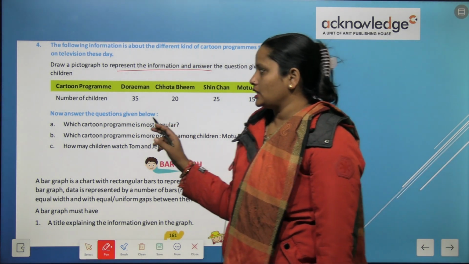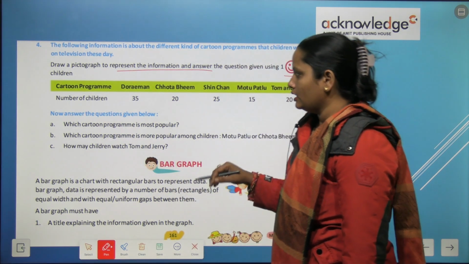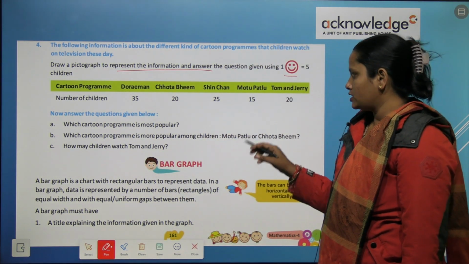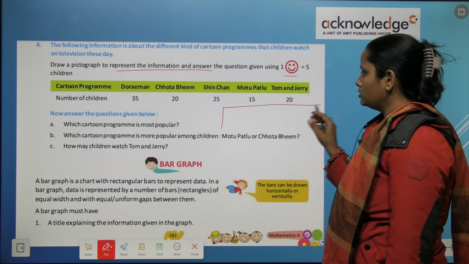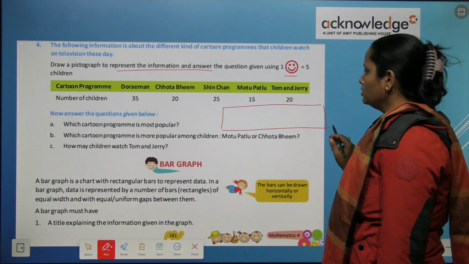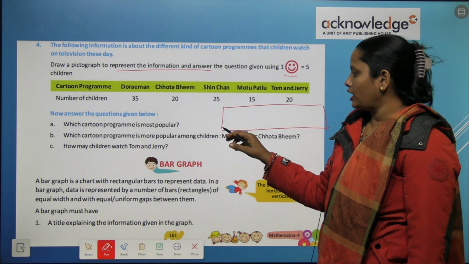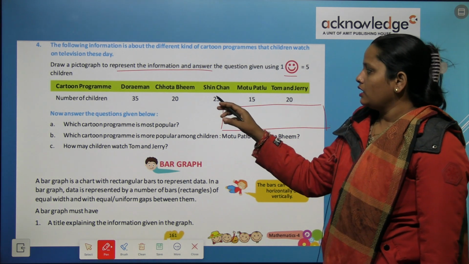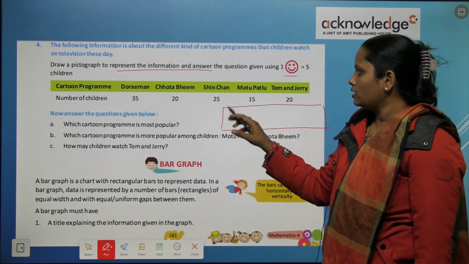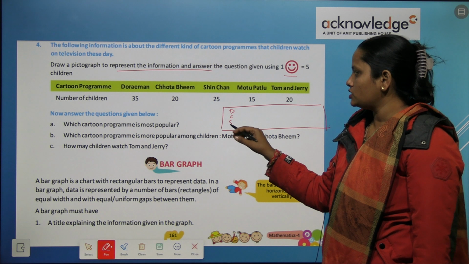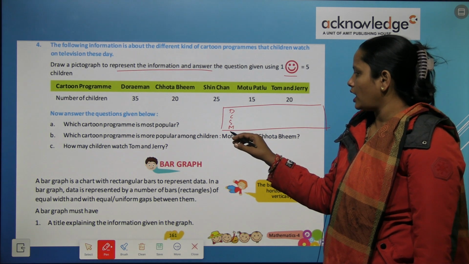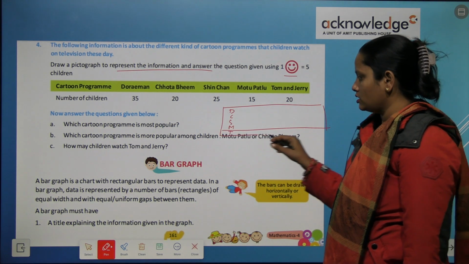So we have to do the same. वैसे हमें pictograph बनाना है. Let's do it. We have to write down the programs: Doraemon, then Chota Bheem, Shin Chan, Motu Patlu and Tom and Jerry.